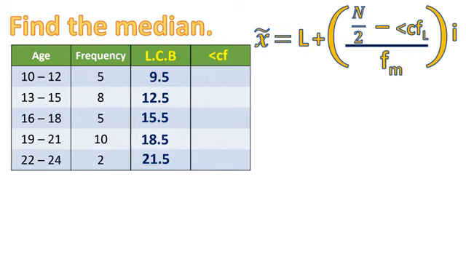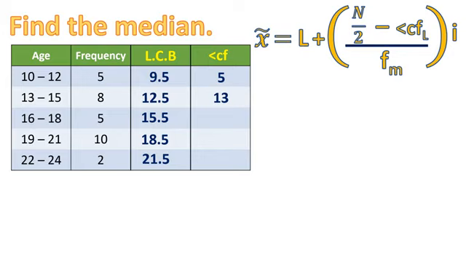We base the values of this column on the frequency. So for the first row of the less than cumulative frequency, we just copy the frequency from the topmost row, which is 5. And then what we do with this 5 is we add it to the next frequency. 5 plus 8 is 13.